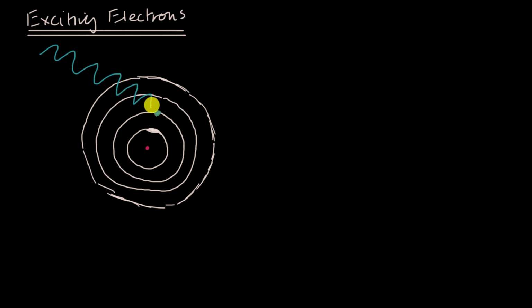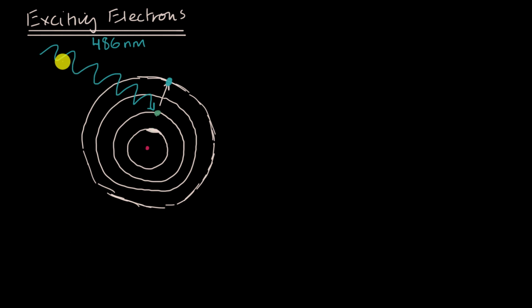So this light has a wavelength of 486 nanometers. And we know that a photon with a wavelength of 486 nanometers has sufficient energy to excite this electron, in this case from n equals 2, the second shell, to the fourth shell. So it'll go all the way over there.